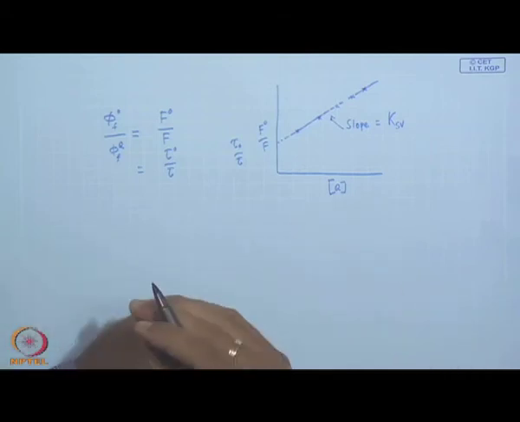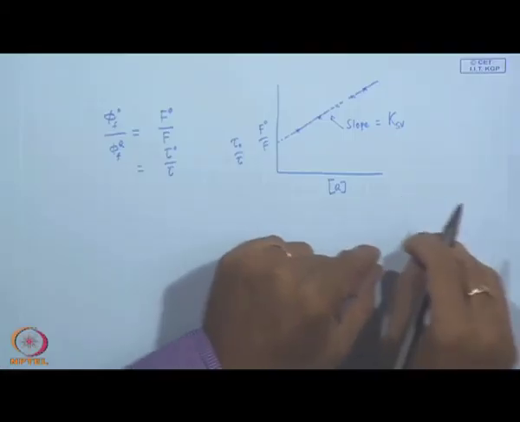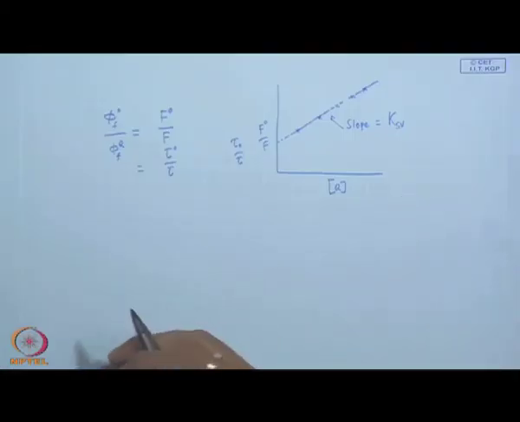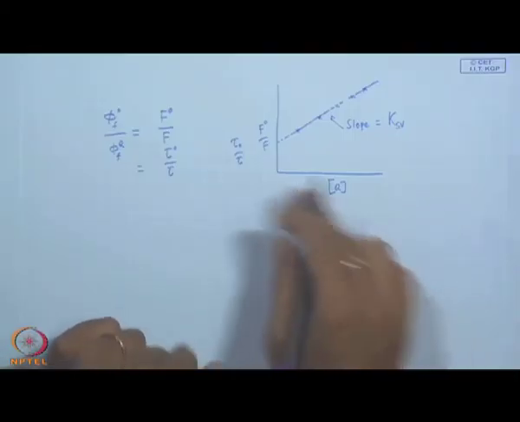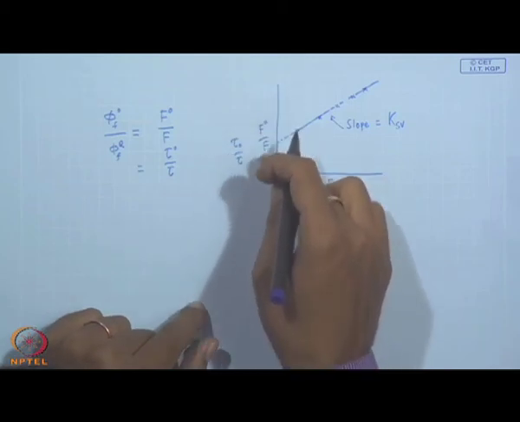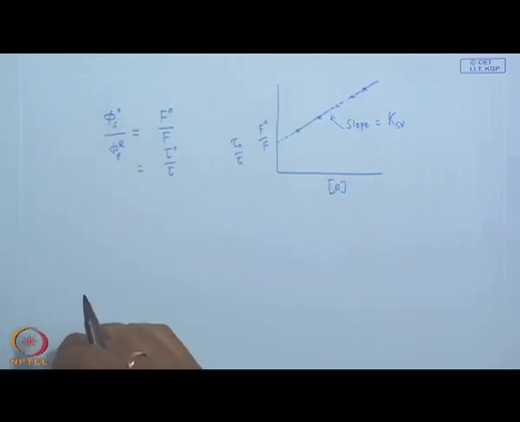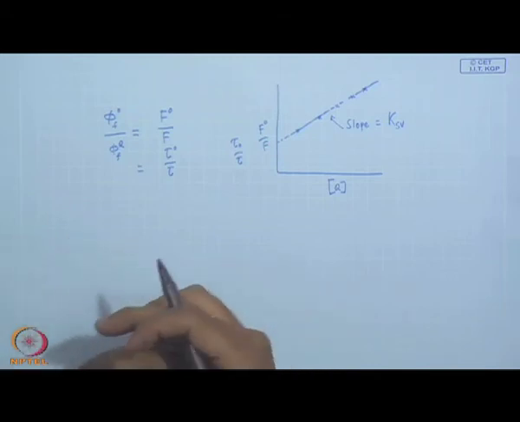Suppose you do the experiment with variable concentration of quencher, making solutions in different containers with zero quencher concentration and then some added quencher, then you plot either tau 0 by tau or F 0 by F or phi 0 by phi, and you will get this type of plot.